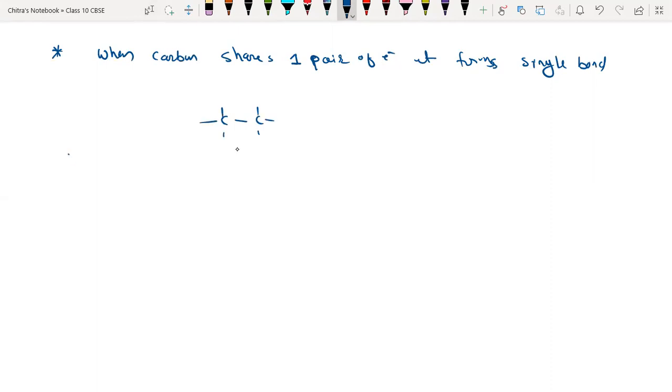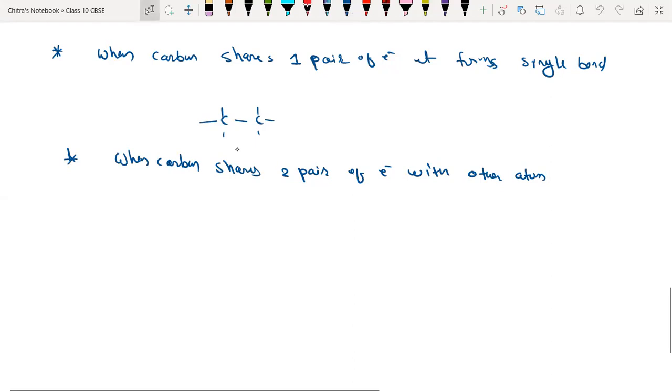Second, when carbon shares two pairs of electrons with another atom, maybe with carbon or oxygen, here we have represented it between carbon atoms. It may be between carbon and hydrogen also.